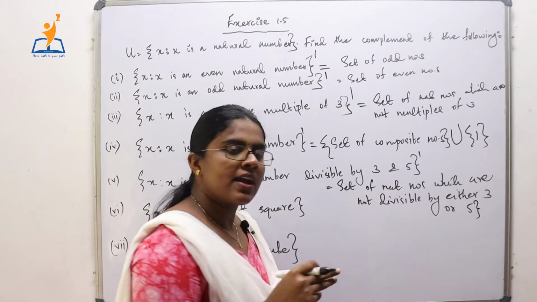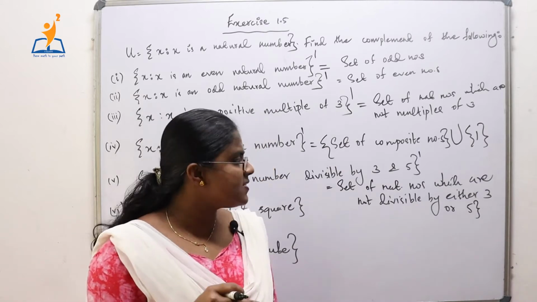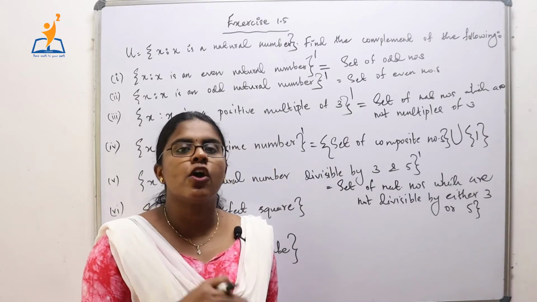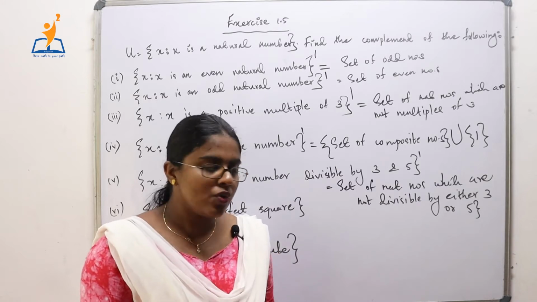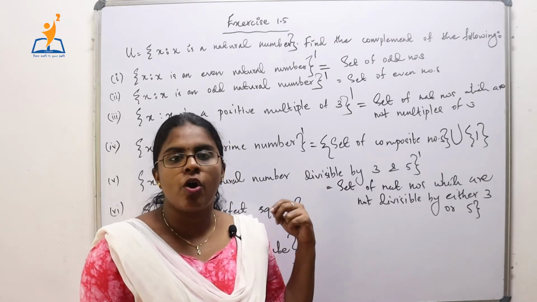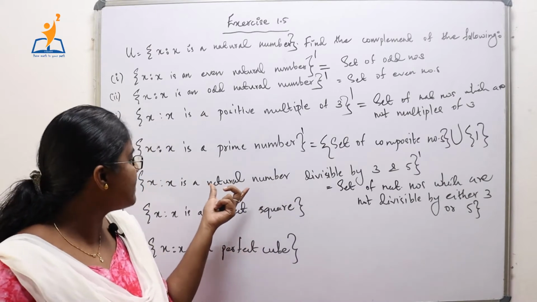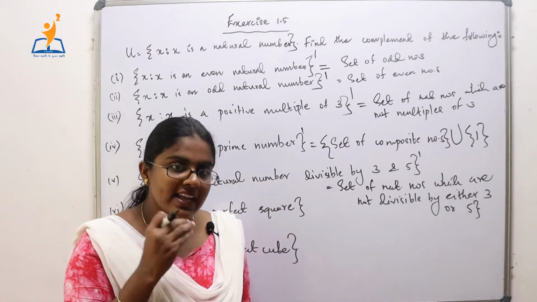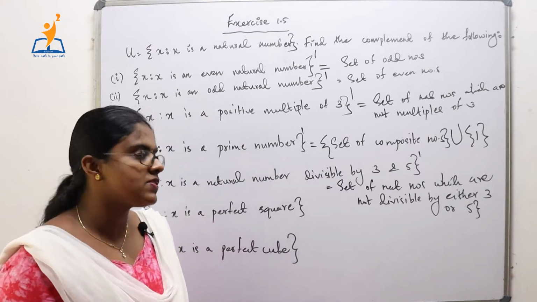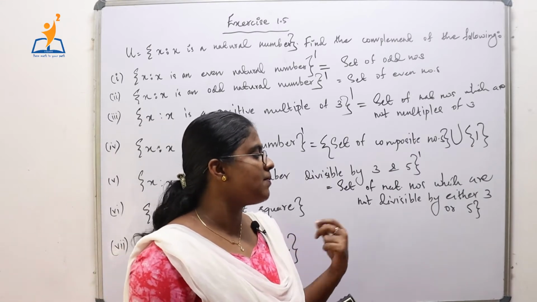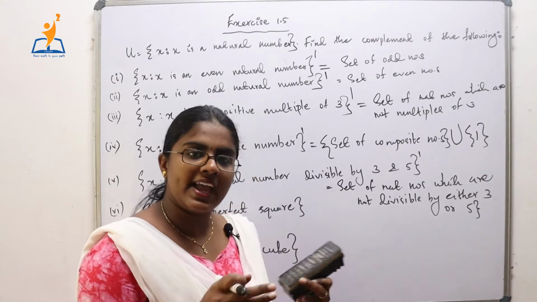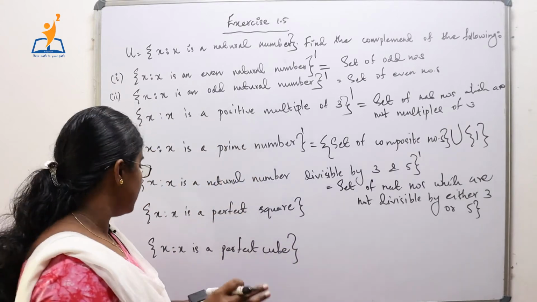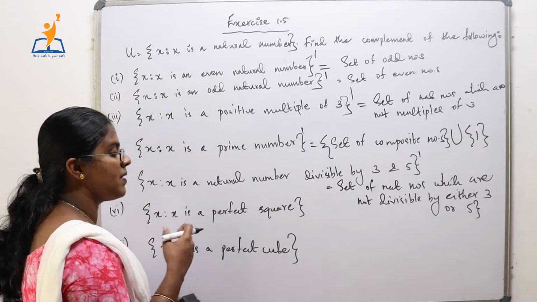For example, consider the number 9. 9 is divisible by 3 but it is not divisible by 5. So, 9 will be an element of the complement of this set because the set given is the set of natural numbers which are divisible by 3 and 5. So, excluding all those numbers, we will get the set of natural numbers which are not divisible by either 3 or 5.